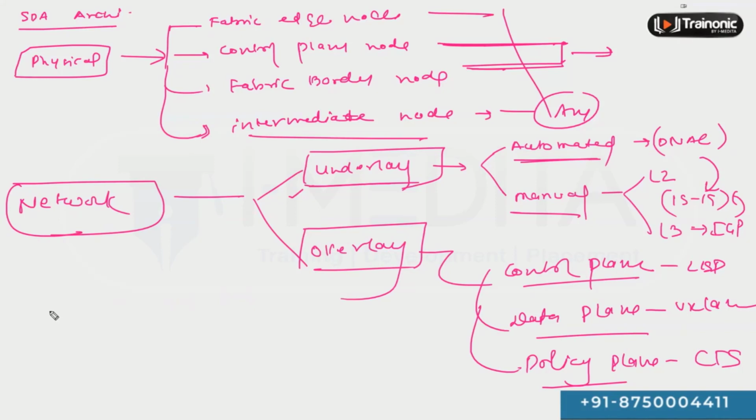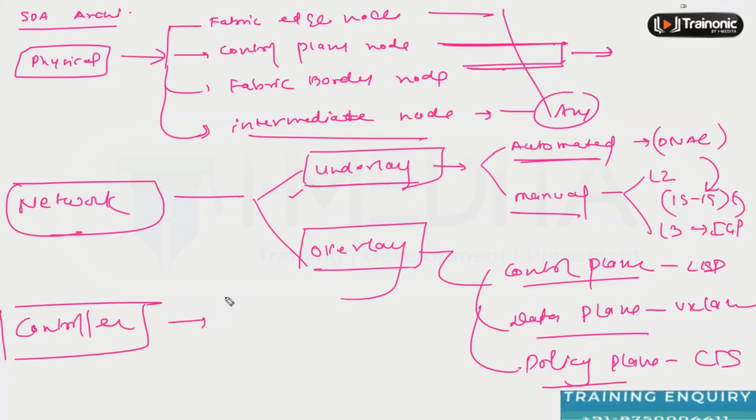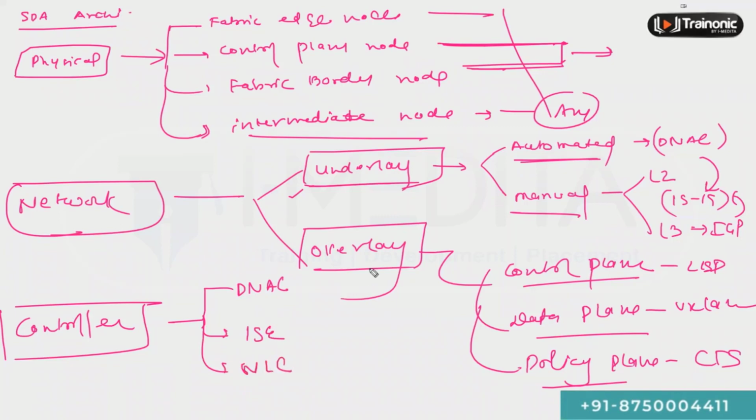Third, we have the controller layer. In the controller layer, we have the different controllers. We have DNAC, we have ISE, and we have the fabric WLC. In DNAC, we have two things again.